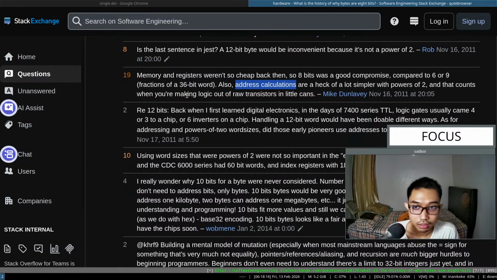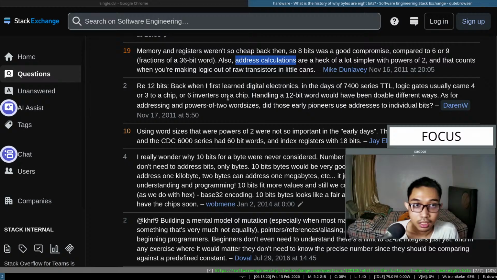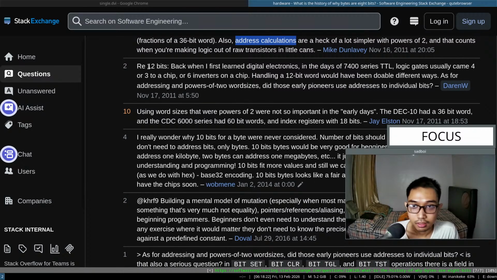And that counts when you're making logic out of raw transistors in little cans. Back when I first learned digital electronics, logic gates usually came 4 to 3 or 3 to a chip, or 6 inverters on a chip.